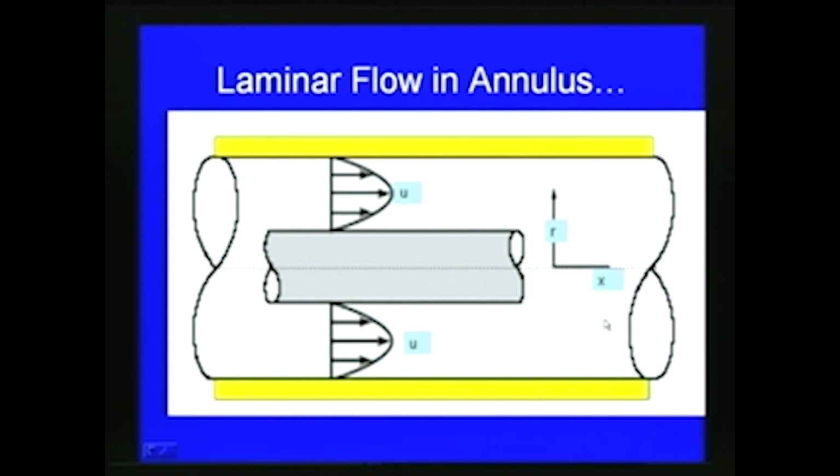In a very similar way we can plot the shear stress variation and find all other parameters. This is a typical problem. Very similarly we can solve most of the laminar flow problems by considering the first principle itself, that means Newton's second law itself.